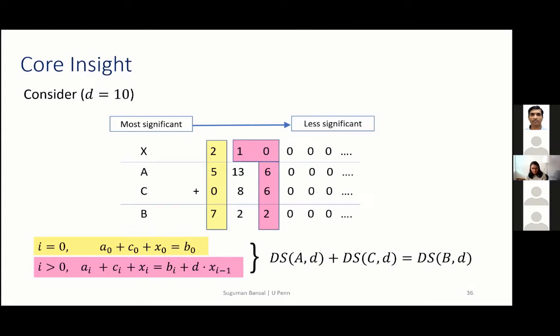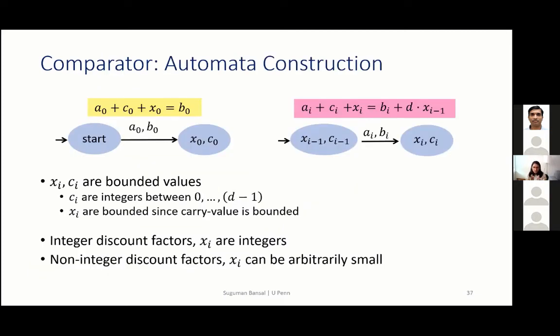The pink equation says that in the ith column, the xi value depends on the xi minus 1 value. So when we do this automata construction, the transition relation has the information of what xi minus 1 is. So all of this can be done locally on the comparator, on an automaton.